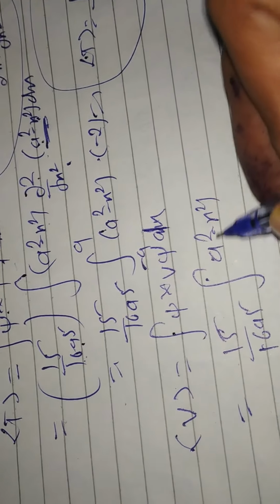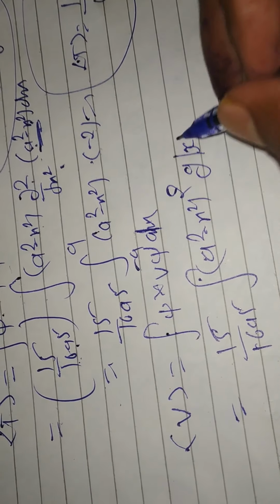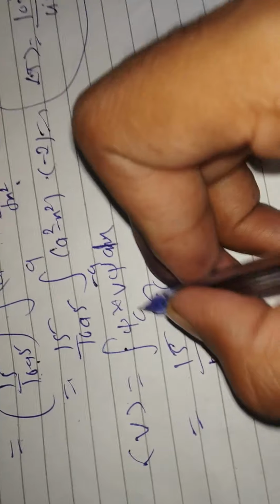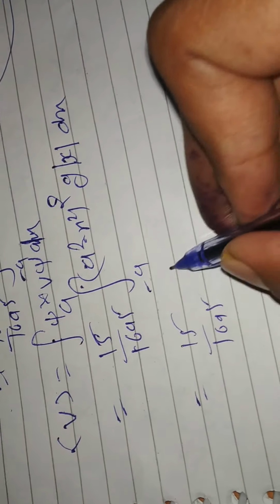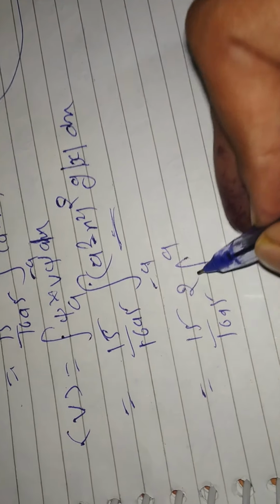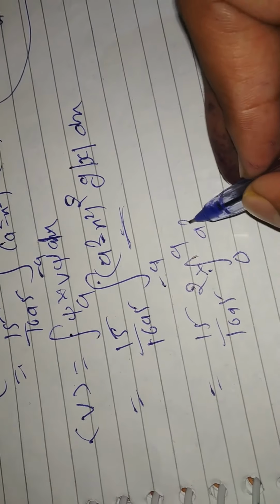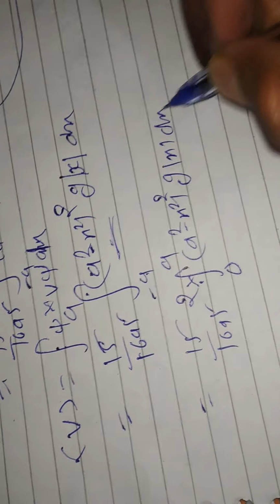Now the function a square minus x square whole square and the function g|x|, from minus a to a, dx. We can use the integration property here. This is an even function, so we can change the limits to 0 to a by multiplying by two.